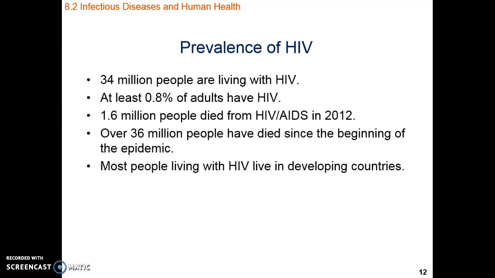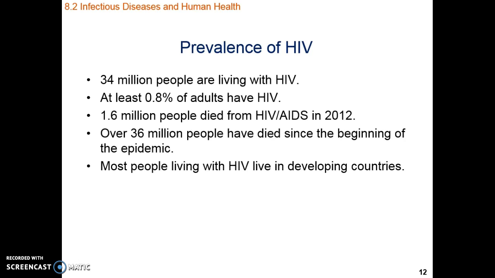And not a good statistic, almost 1% of adults are living with HIV. And 1.6 million people died from HIV/AIDS in 2012. Thankfully, the rate of death is declining, but it is known that over 36 million people have died from AIDS since the beginning of the epidemic.